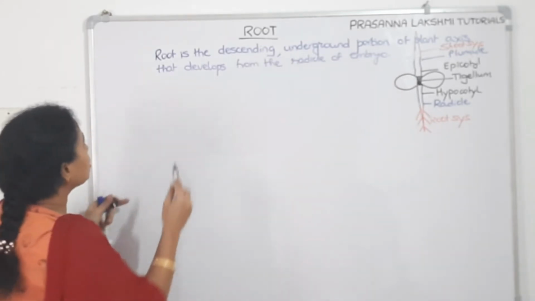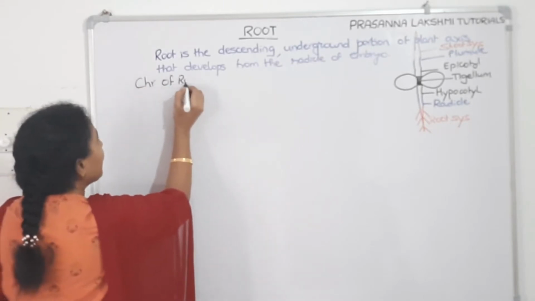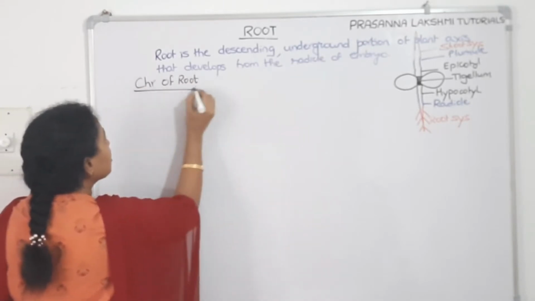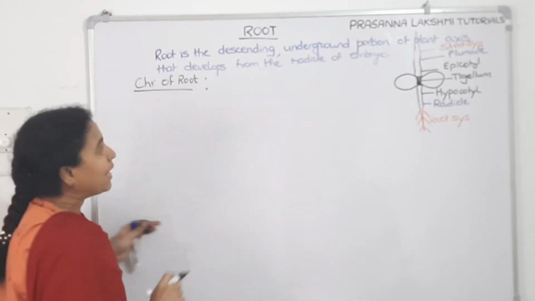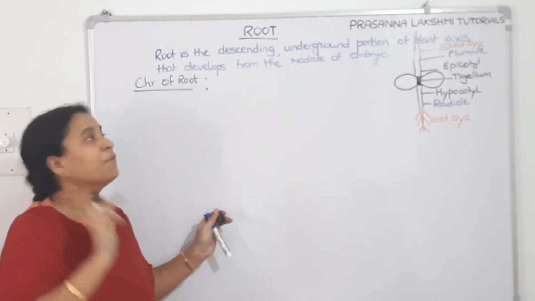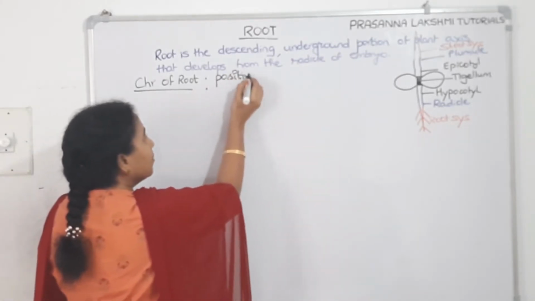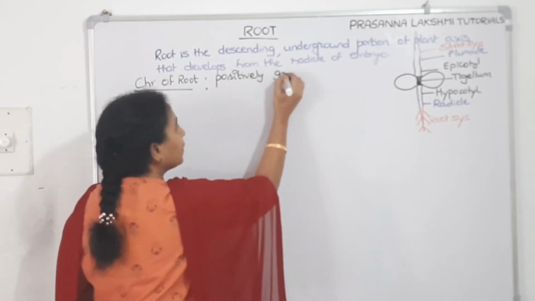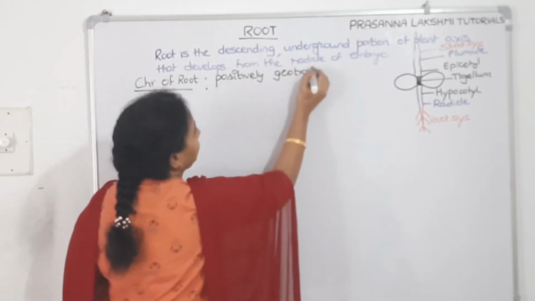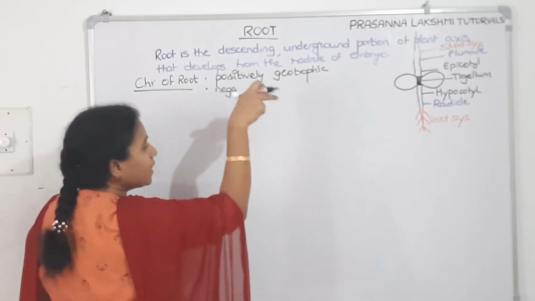Now if you have to list down the characters of root, one by one we can tell root is positively geotropic, negatively phototropic. It is positively geotropic because it's growing into the soil.